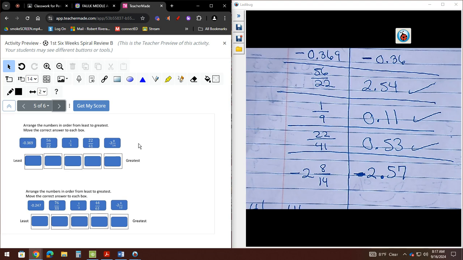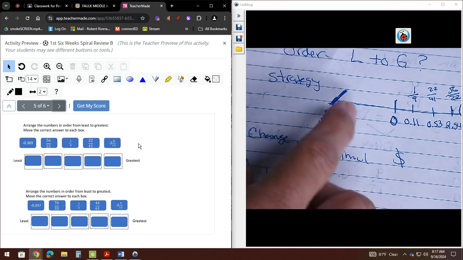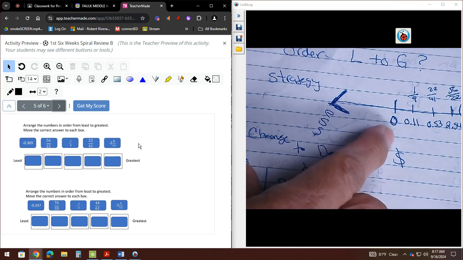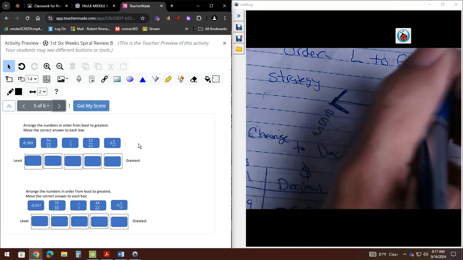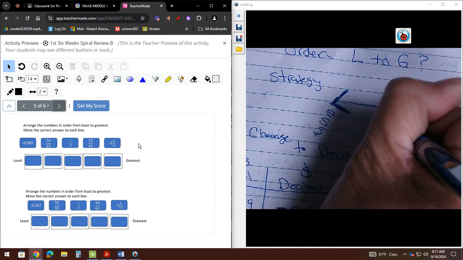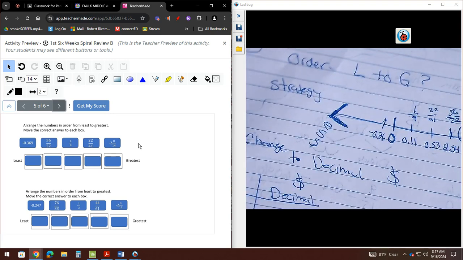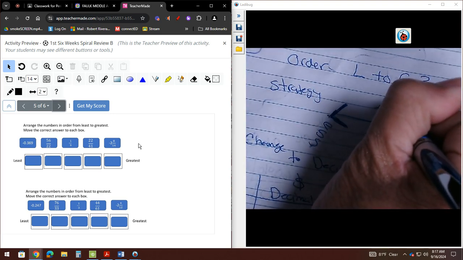So a lot of kids tend to put them over here first. But here's a zero, so he goes here. Negative 36 cents, and then the original was really negative 0.369.